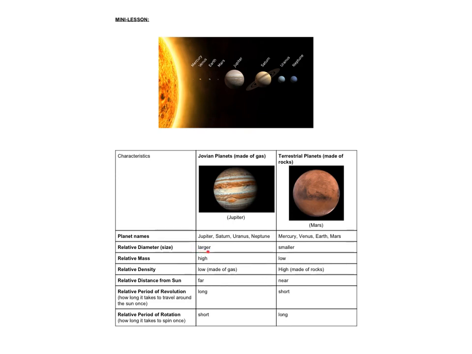They're larger. We talked about that. They're made of gas, so they expanded, so their diameter is larger. Their mass is high. That means they're heavier. Their density is lower because gas has a lower density than rocks. Their distance from the sun is far. Their period of revolution, that means how long it takes to go around the sun, is long.